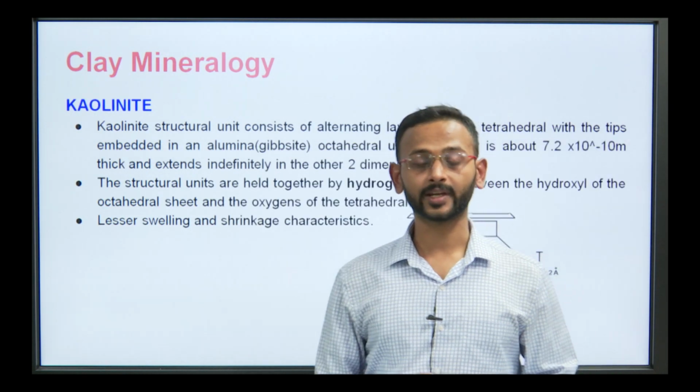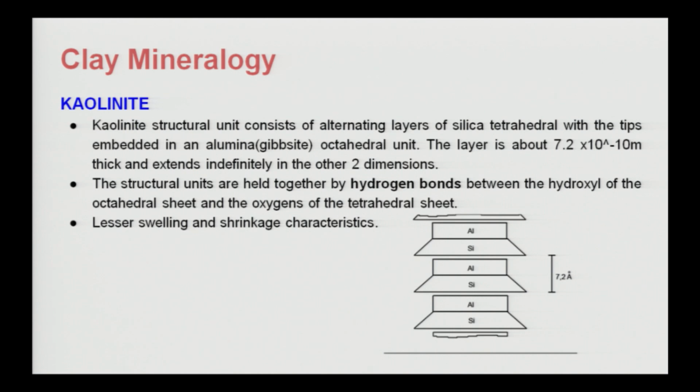The very first thing here, kaolinite. The kaolinite structural unit consists of alternating layers of silica tetrahedral with the tips embedded in alumina octahedral unit. So what does it say? That there is one silica unit and just at the top there is an octahedral unit. So this is the entire kaolinite structure, the basic unit.